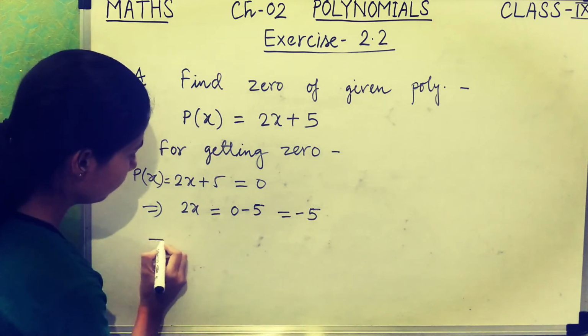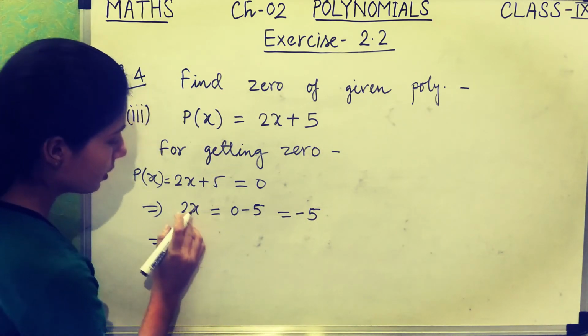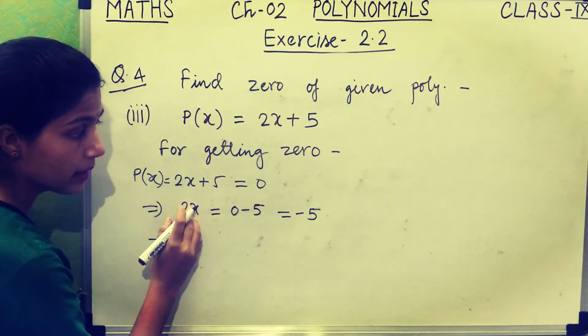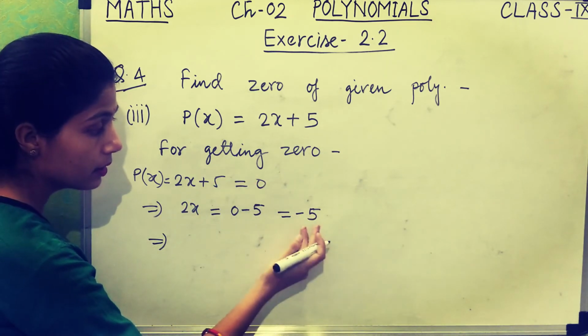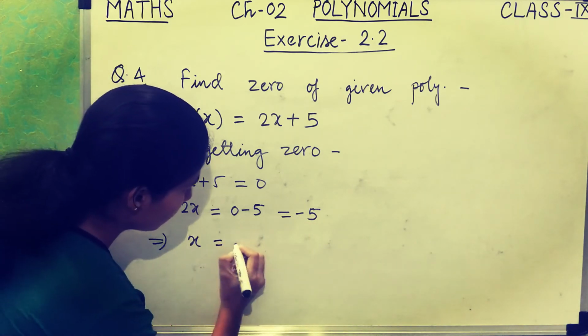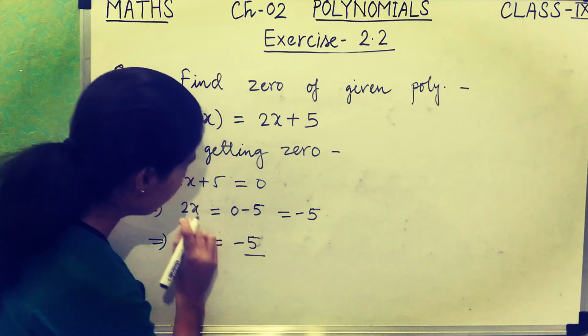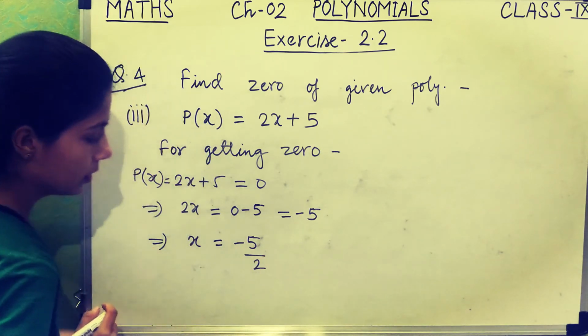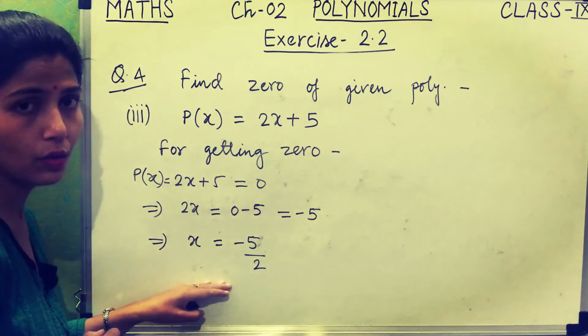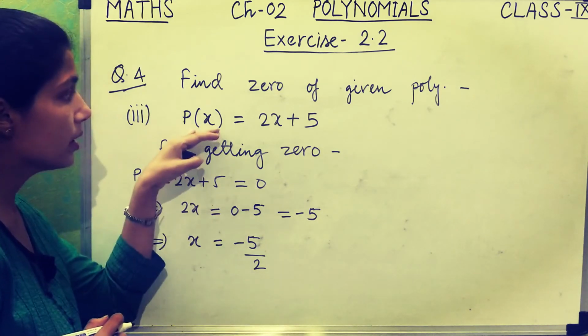Now see, 2x. Now you have to transpose this 2. Here it is multiplying, on the other side of the equal sign it will be divided, so x equals to minus 5 by 2. This is the 0 of this polynomial. You can verify it also by putting this value in the given polynomial.